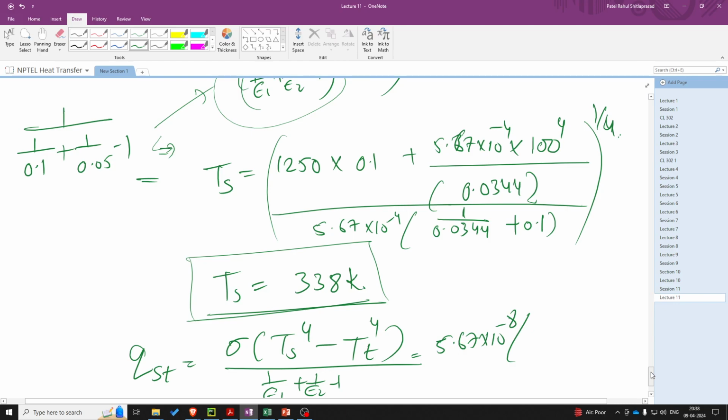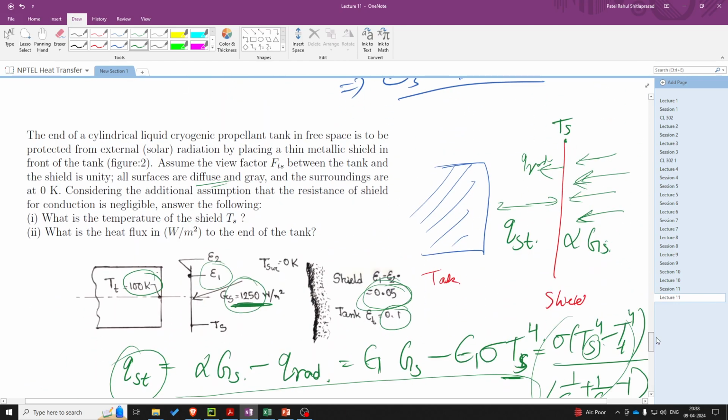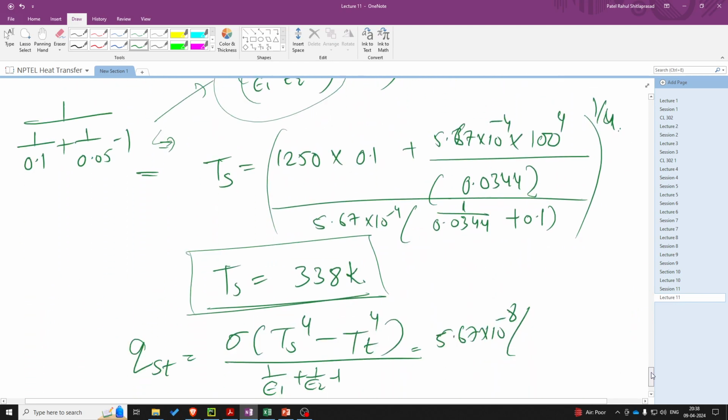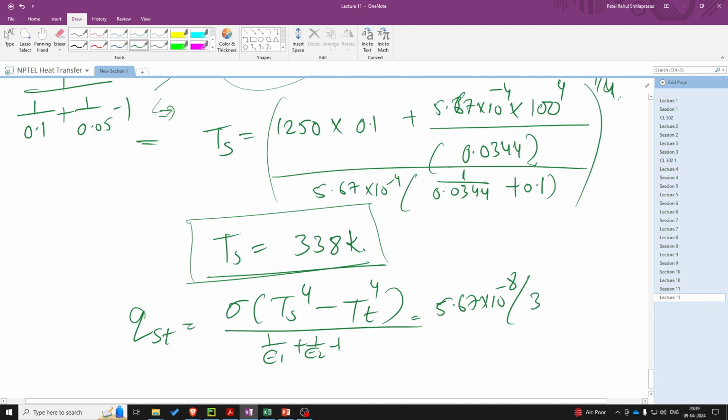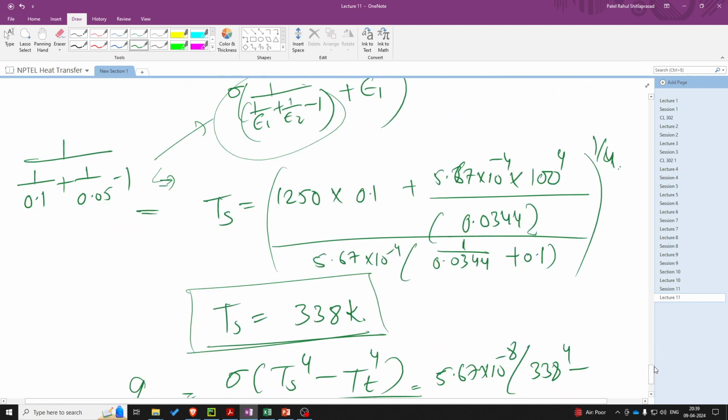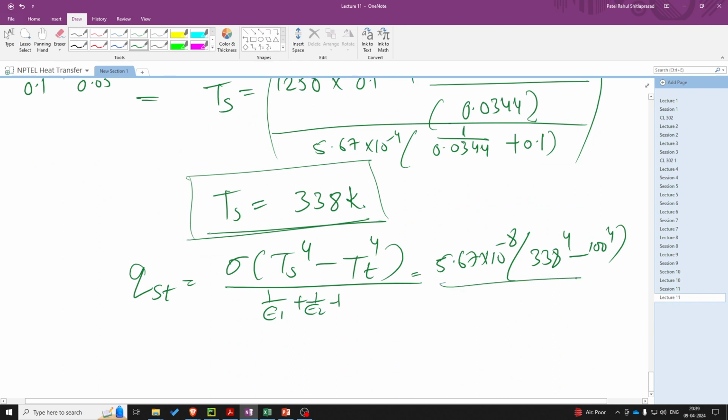The temperature of this surface, which we calculated as 338 raised to 4, minus temperature of the tube, that is cryogenic, is 100 raised to 4, upon the same term, that is 1.05 minus 1.